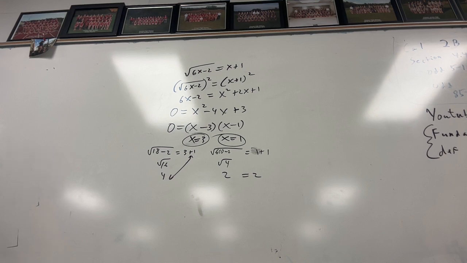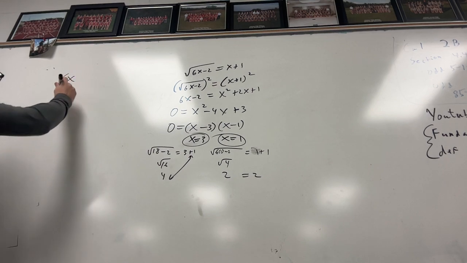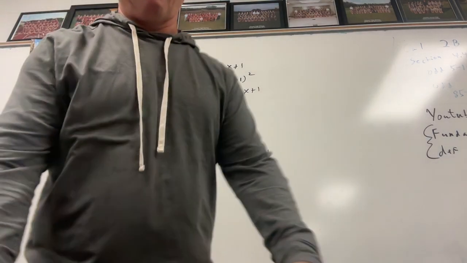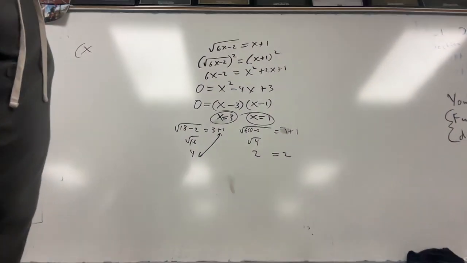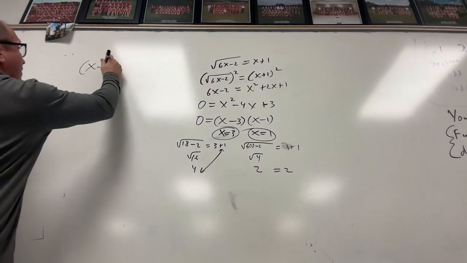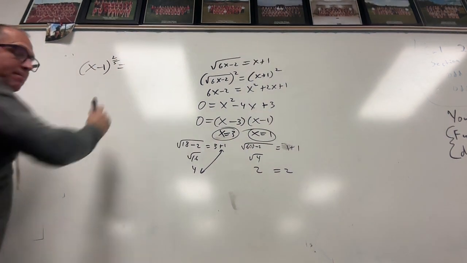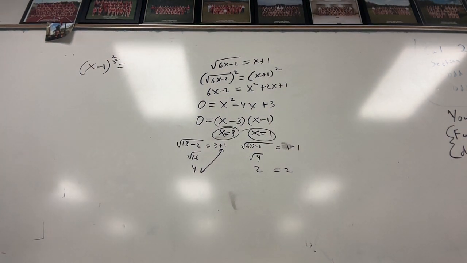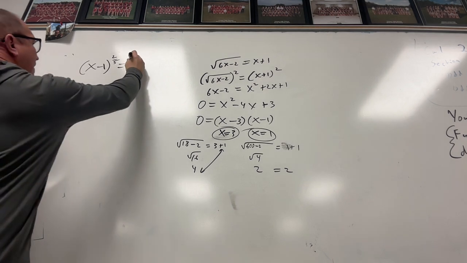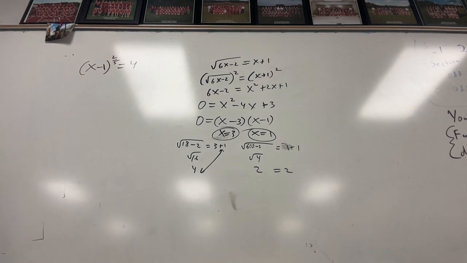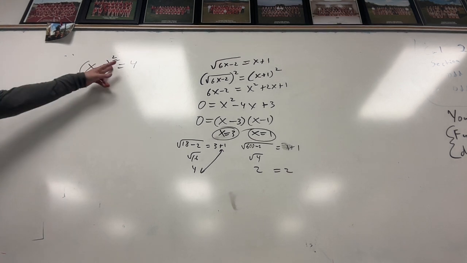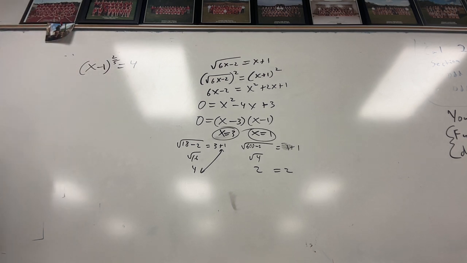Next we have x minus 1 to the 2/5 power, and setting that equal to 4. Now, this one isn't just a square root, although the fact that you have a fraction implies that you're dealing with a root.